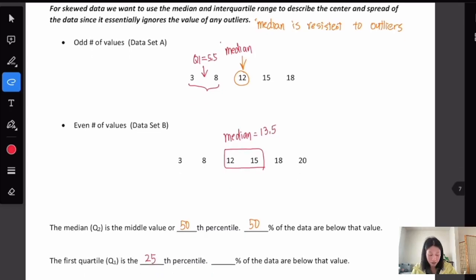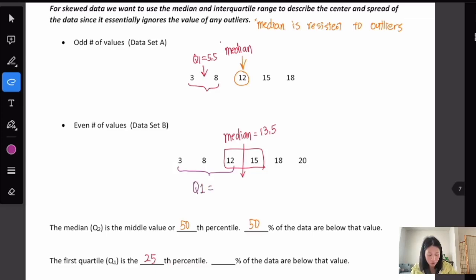In this case, the second one is different. The second one, our median, does exist in the data set. So that means when you calculate the first half of the data, you need to include the 12. So these three data, 3, 8, 12, are going to be your first 50% of the data. You're going to use that to find your Q1.